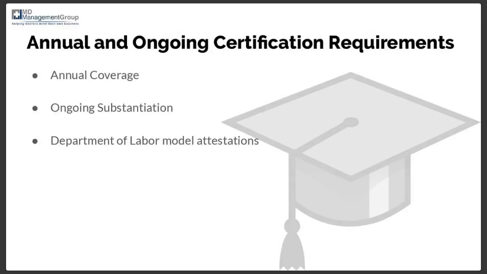And then ongoing, before receiving a reimbursement, participants must certify that the person who incurred the charge, whether it's themselves or a family member, was covered by an individual health insurance or Medicare during the month the charge was incurred.